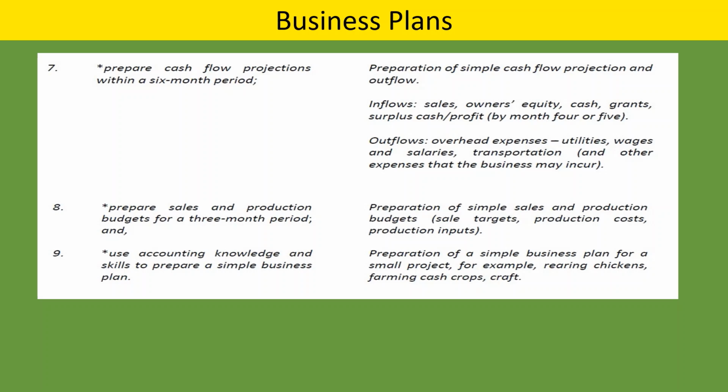Don't worry too much about whether we're in chickens or cash crop. The format is always the same. The plan of the business is just the names of things like products will change. The preparation of simple sales and production budgets: sales target, production cost, production inputs.